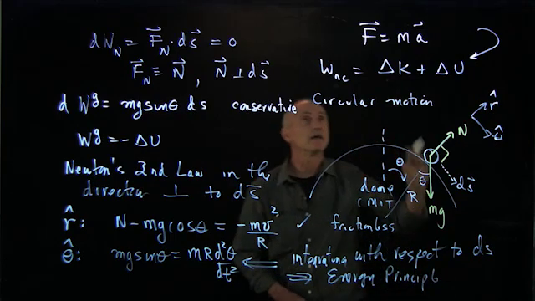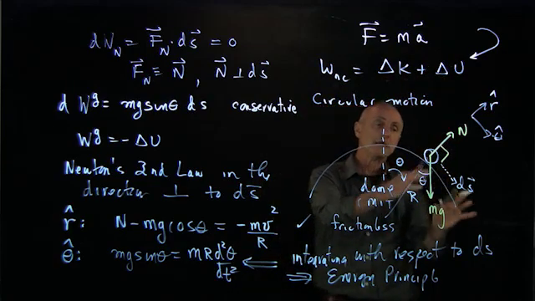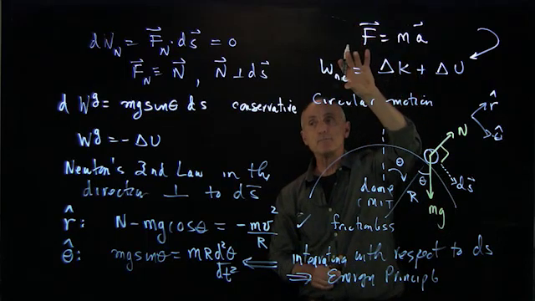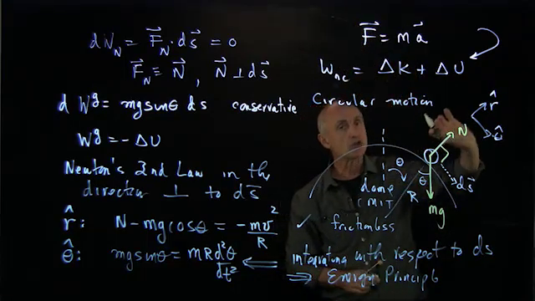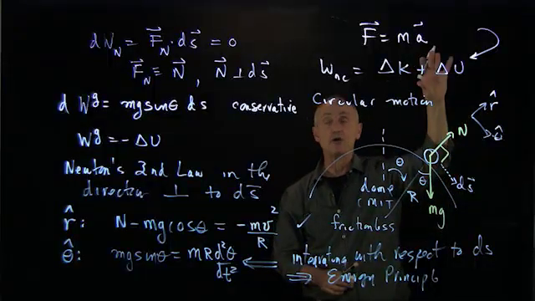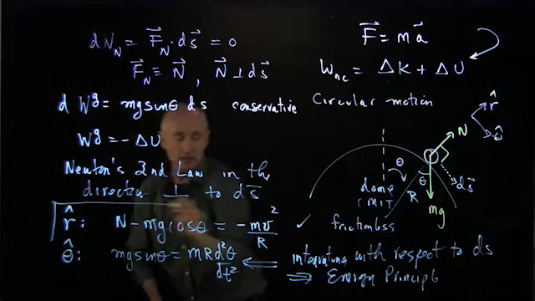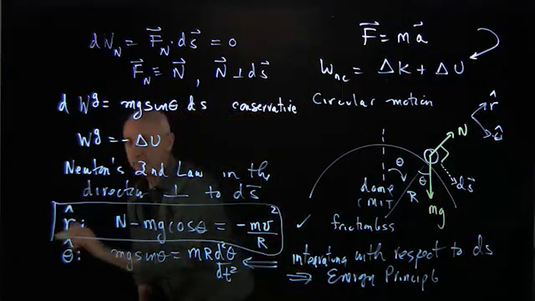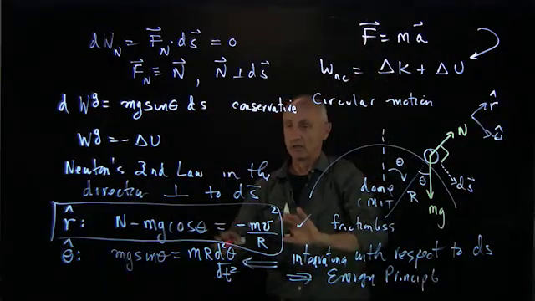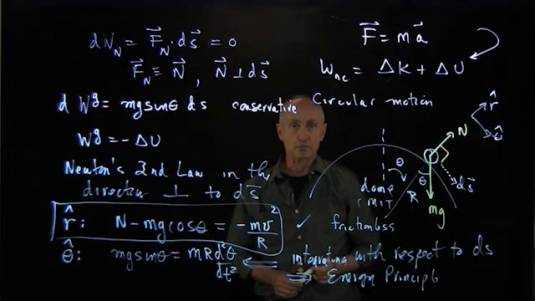So in summary, the energy principle is the integration of Newton's second law in the direction of motion, and we're completely missing the application of Newton's second law in the direction perpendicular to the motion. Energy does not account for that, and that's why we needed separately to apply both of the principles of energy and Newton's second law in the radial direction in order to figure out how to solve this problem.